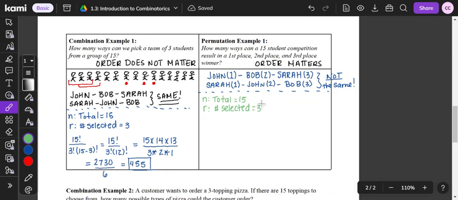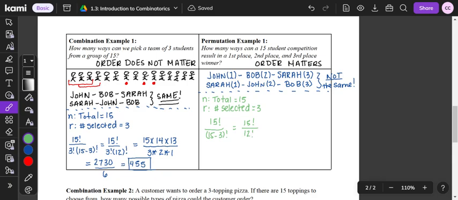But remember, the formula is slightly different here. So in this one, it's going to be N factorial divided by N minus R factorial. Clean this up just a little bit because I know 15 minus 3 is 12.